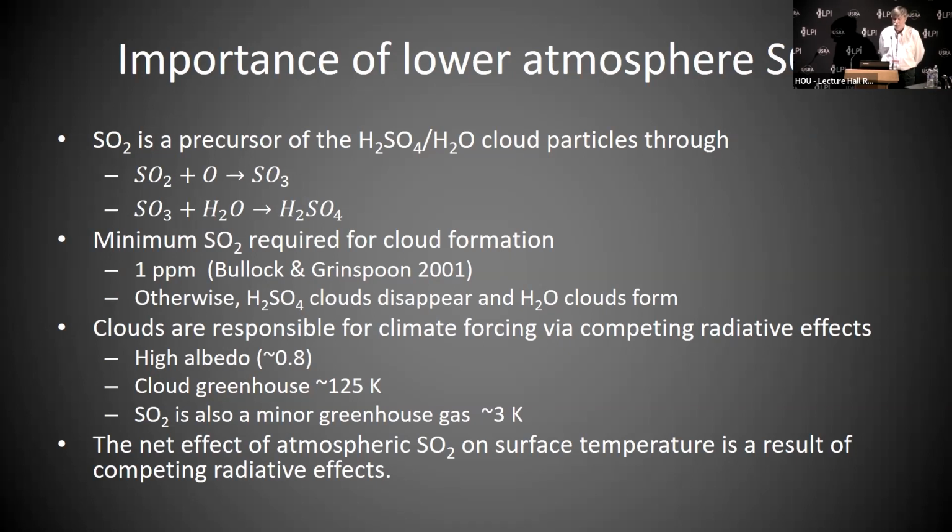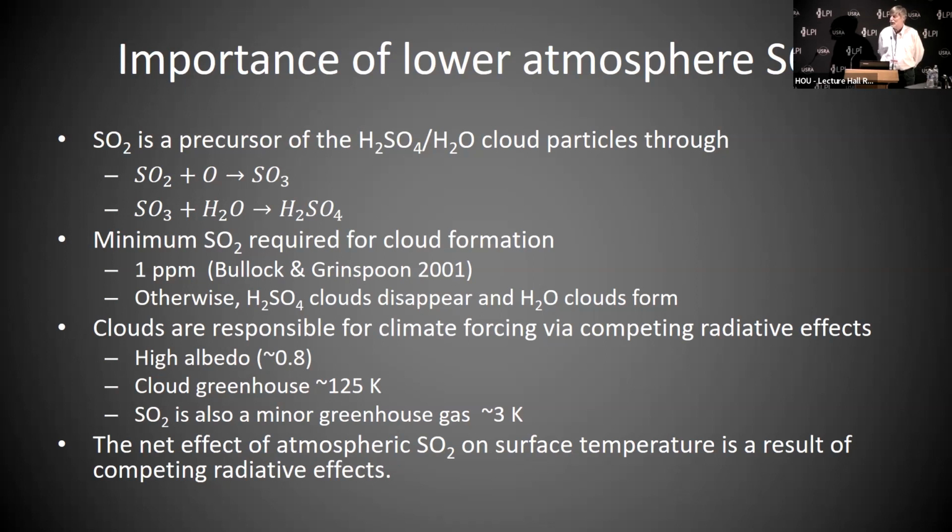The high albedo, of course, of the clouds, and the fact that the clouds themselves are a strong greenhouse effect, contribute about 125 Kelvin to the surface temperature. And SO2 is also a minor greenhouse gas.